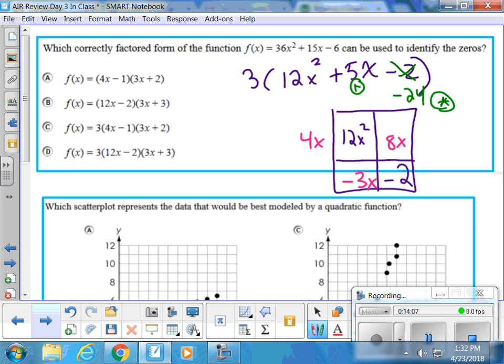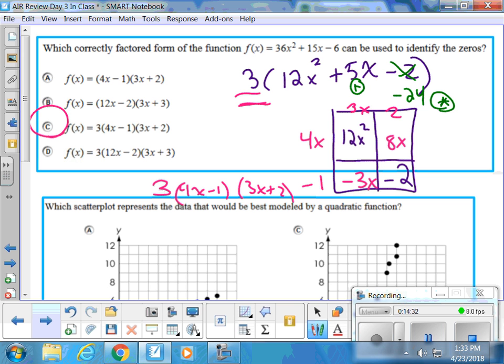We'll pull out what the bottom row has in common, negative 1. 4 times 3 is 12, so I'll put a 3x here. And 4 times 2 is 8, so I'll put a 2 right here. Looks like my answer is a 4x minus 1 with a 3x plus 2. That's what I had on my side and the top of my box. Get that 3 as well. C.